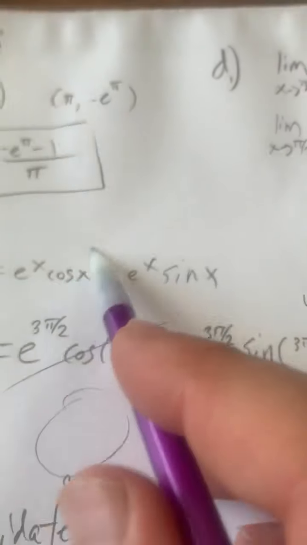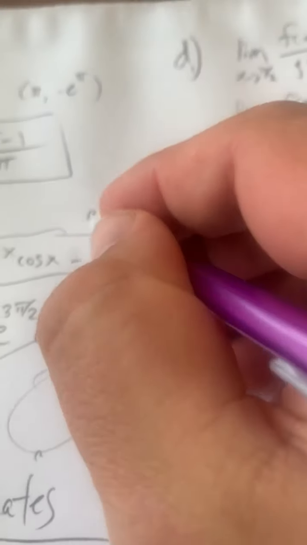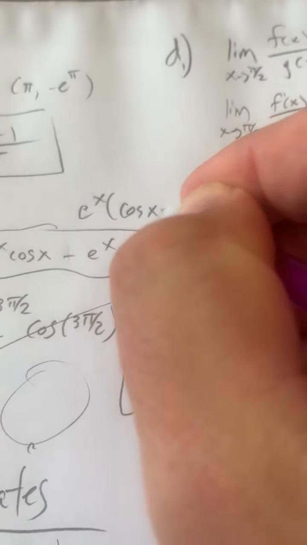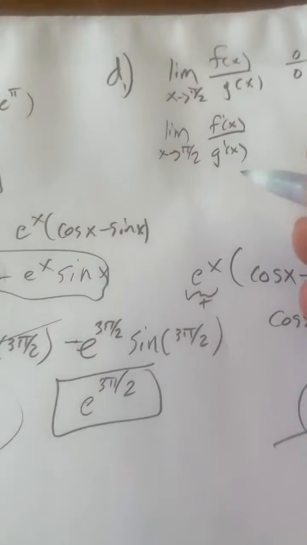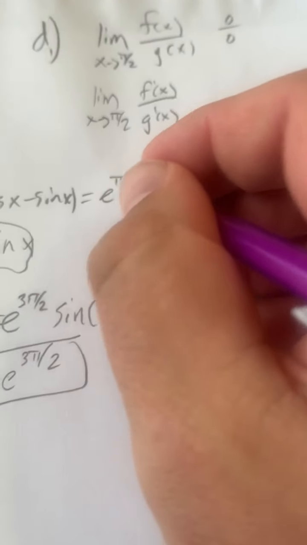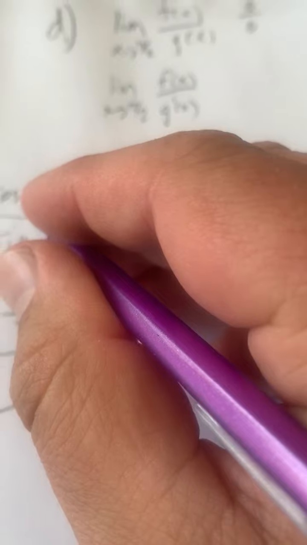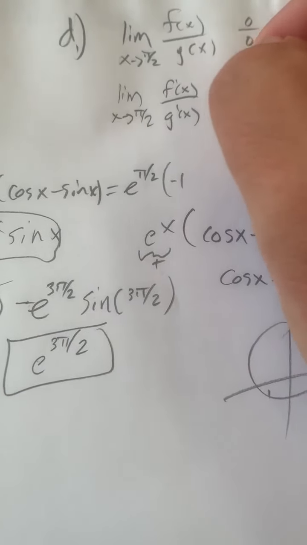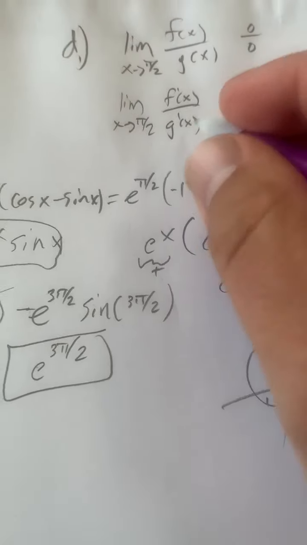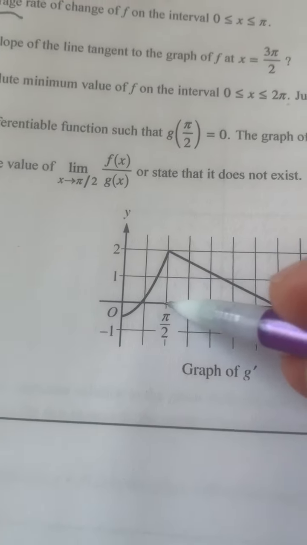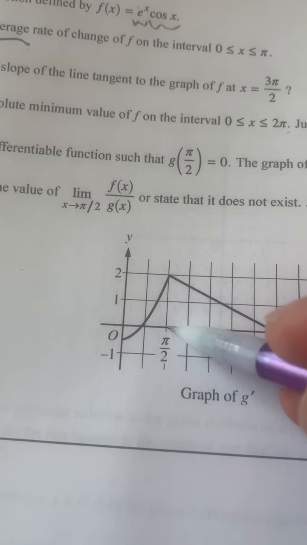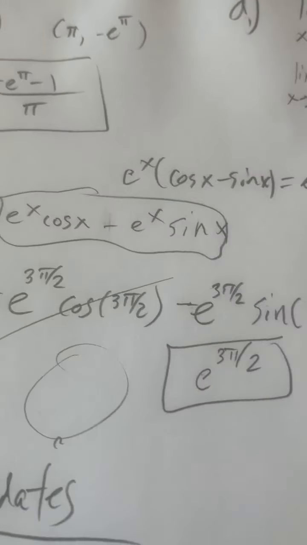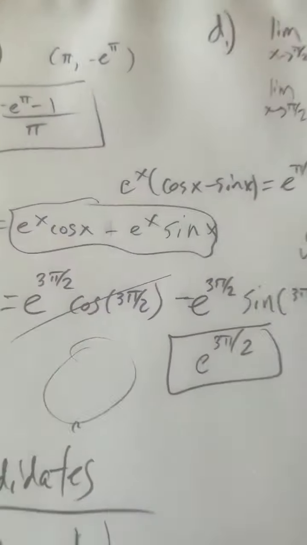I've already done f prime of x. So if I plug a pi over 2 into there, I get e to the pi over 2 times cosine of pi over 2 is 0, sine of pi over 2 is 1, so I get negative e to the pi over 2. G prime of x is here, so g prime of pi over 2 is 2. So I get negative e to the pi over 2 over 2.